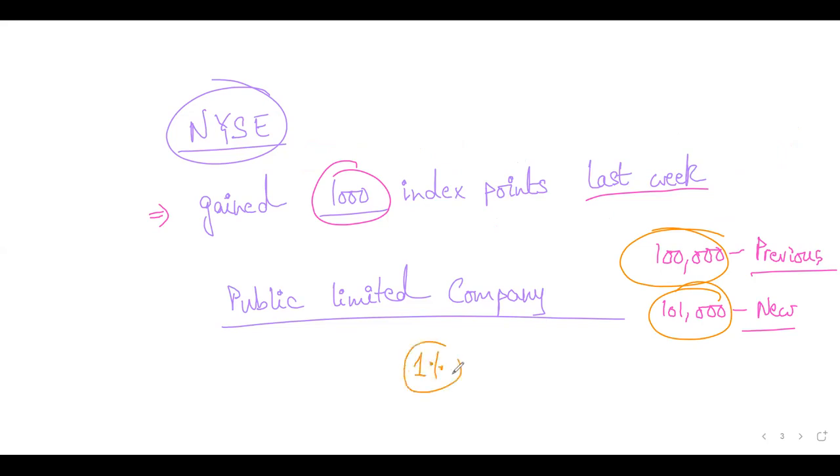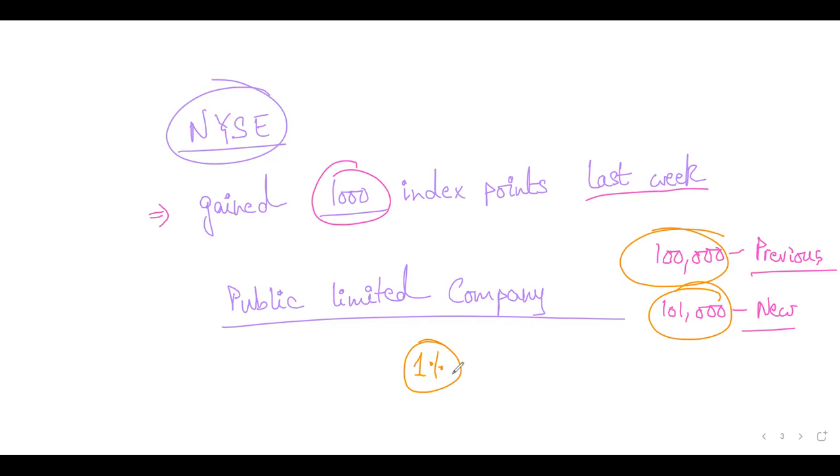This means that overall the share prices of stocks of companies listed on the New York Stock Exchange increased in value by 1%. I repeat, it means that on average, the share prices of the companies listed on the New York Stock Exchange increased by 1%.